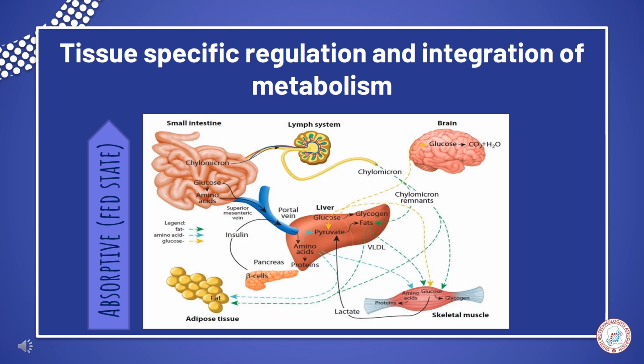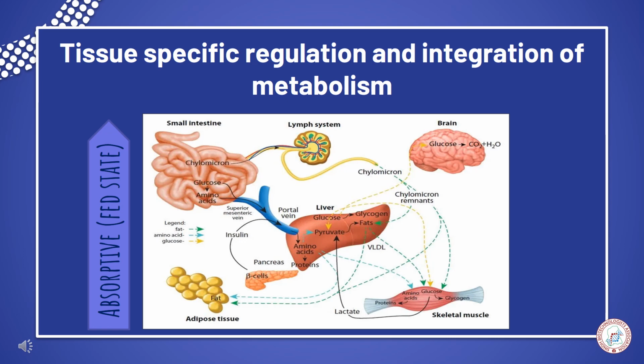And if we talk about the fatty acids, there is a lot of glucose and the insulin levels are high, so more fat or TG formation will happen under the influence of the insulin hormone. And if we talk about the brain, the brain mainly uses glucose as a source of energy, so the brain cells will take up glucose and get the energy.